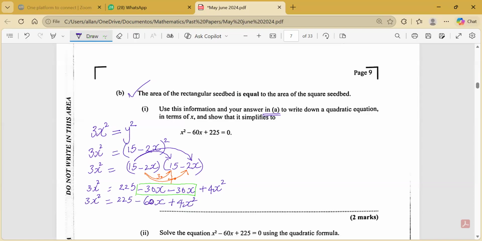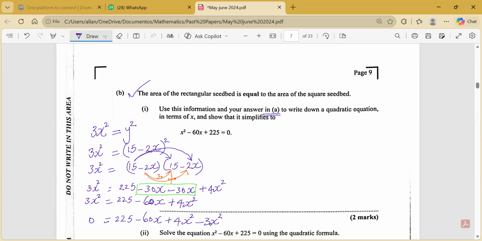Write this down, everybody, and finish it up for me. I have to take the 3x squared and carry it over to the other side, so it will become what? 0 equal to 225 minus 60x plus 4x squared minus 3x squared.